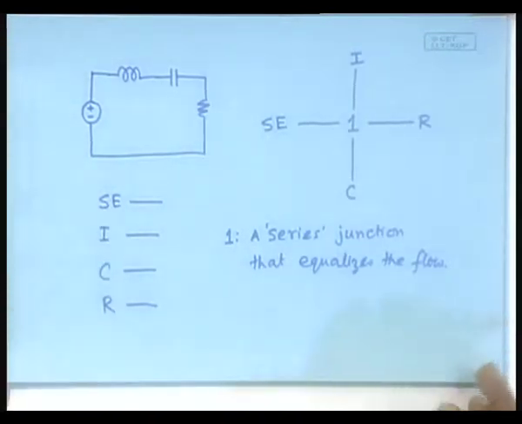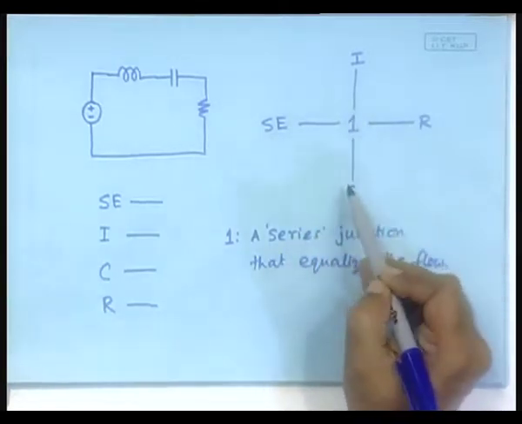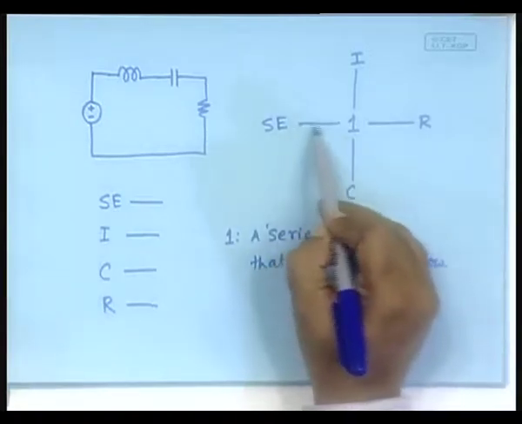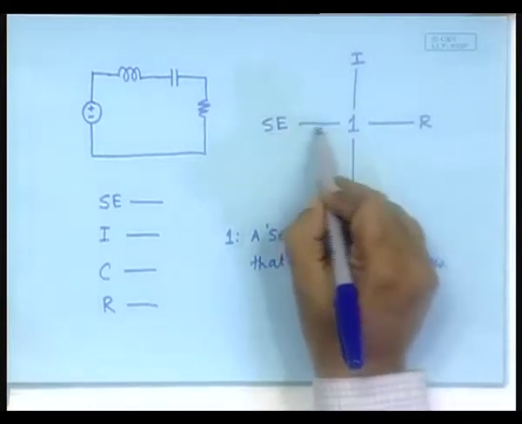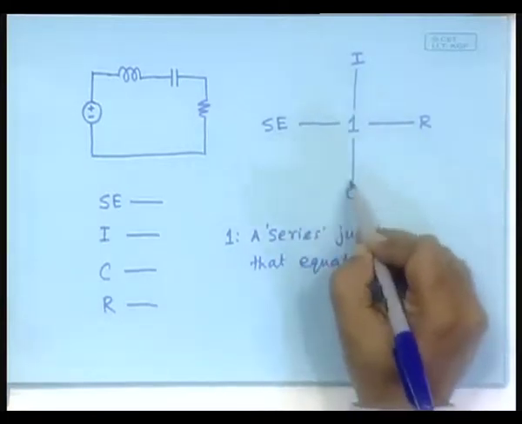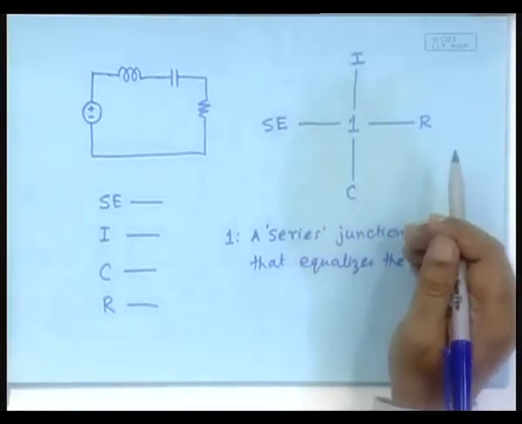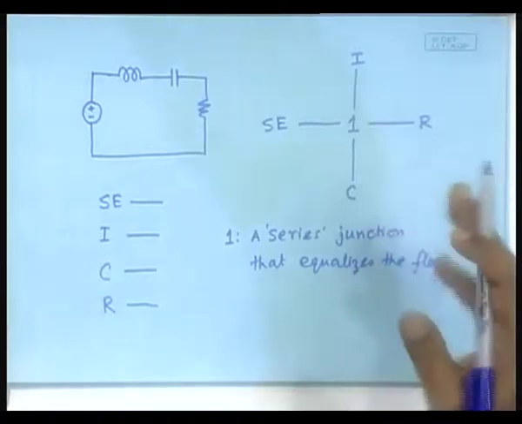Now, all these bonds will also carry power. There is a power going from here to here, or whatever the direction is. There is a power exchange between each of them, but the flows are equal and the power is a product of the flow and the effort. What does it mean? The efforts are summed up to 0. So, it is an effort summing junction.